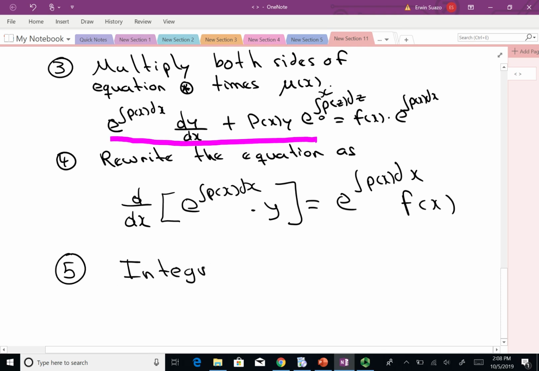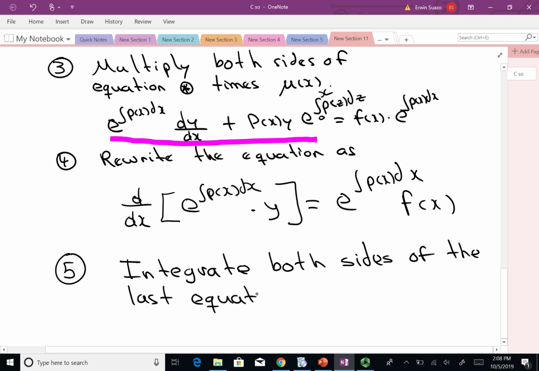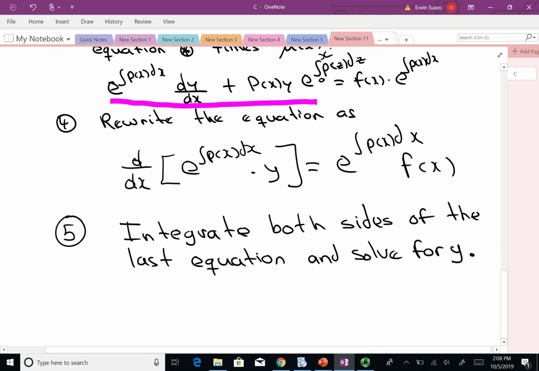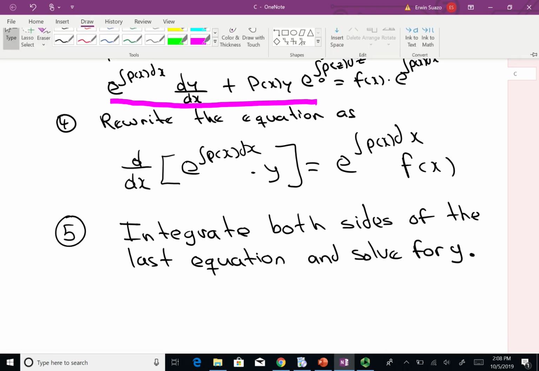Integrate both sides of the last equation and solve for y. Okay, so what does it mean? I'm going to do it here, but then erase it.